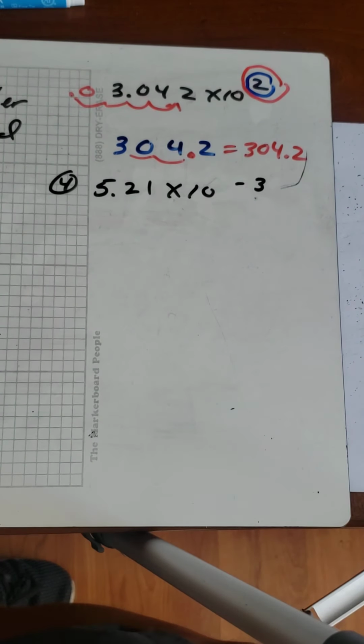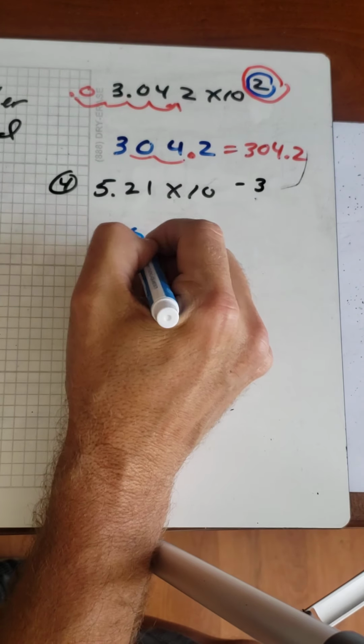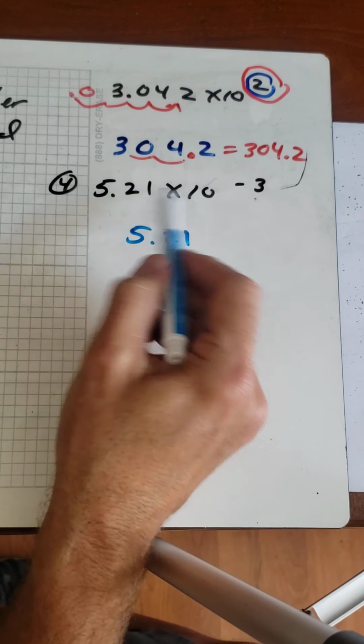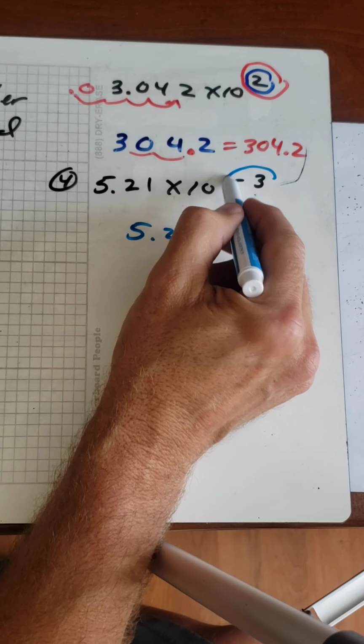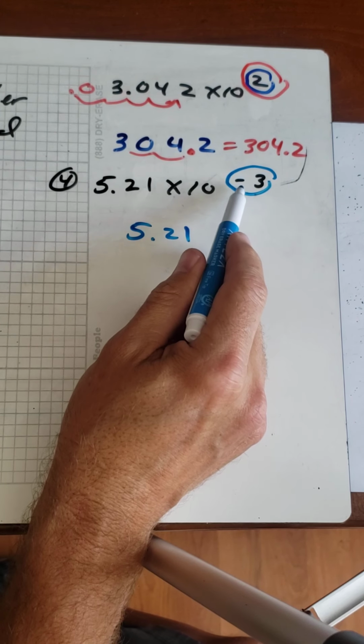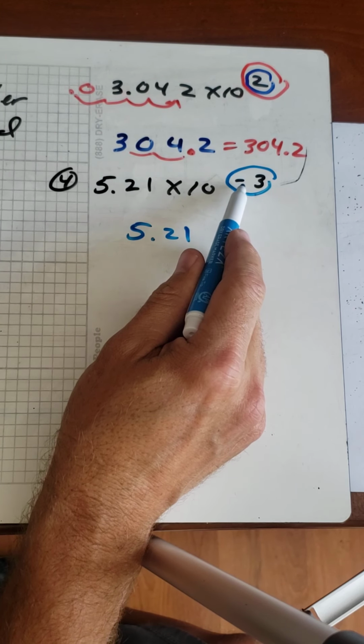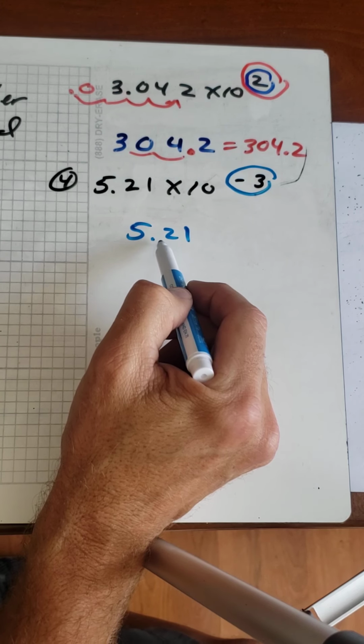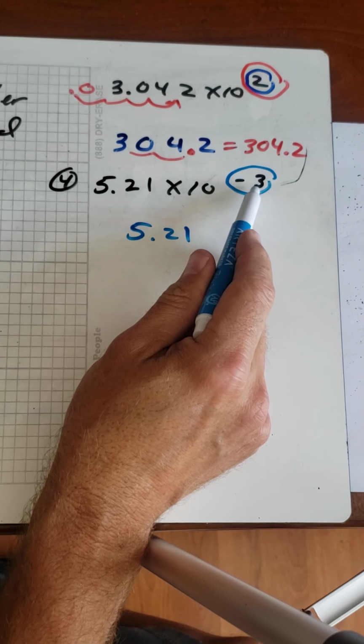Okay? So now, when I look at this problem, I know that when I'm done, my answer has to be what? Because that's a negative, my answer has to be less than 1, smaller than 1. And I know I have to move it 3 times.